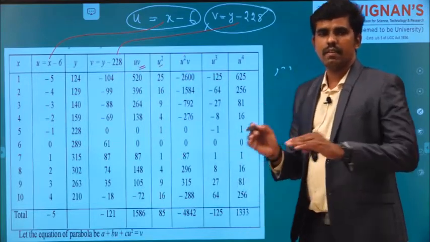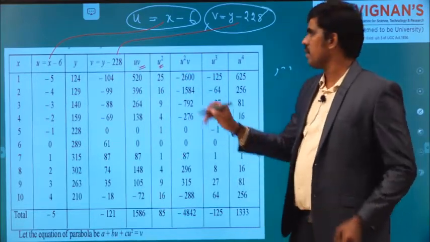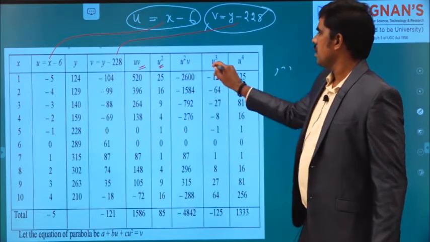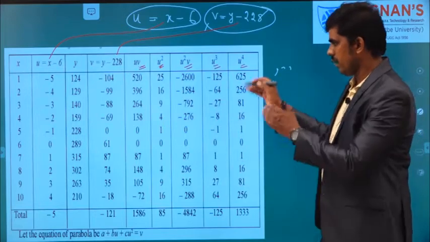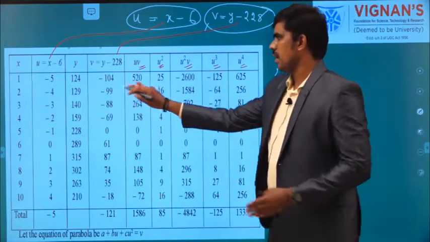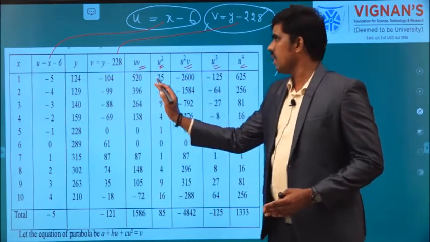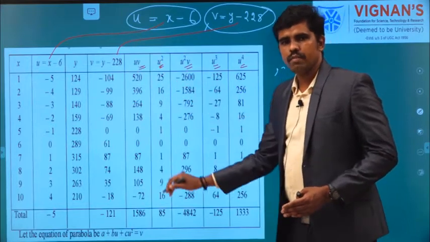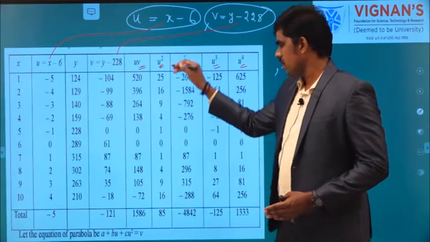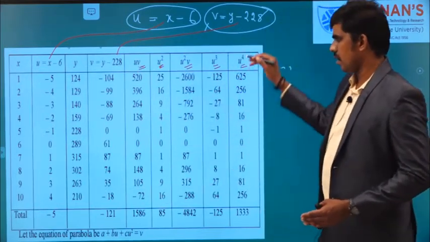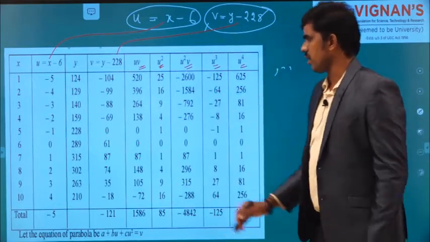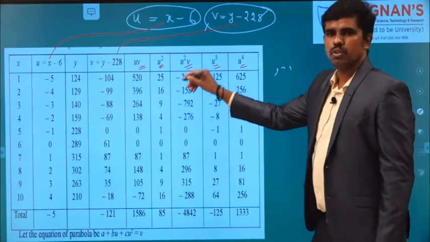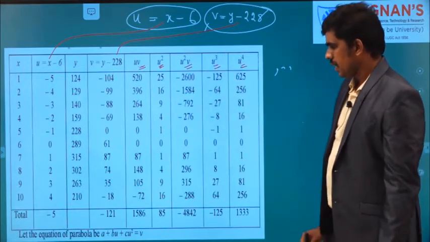So what are all the values available in the normal equations? u square v, u cube and u power 4. You find all the values, you know how to find them: multiply u and v correspondingly, find u square. In this way you can calculate all the values, you add all the column values so that you can get summation uv, summation u square v, that's all.